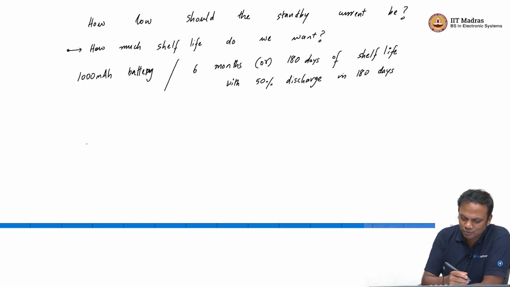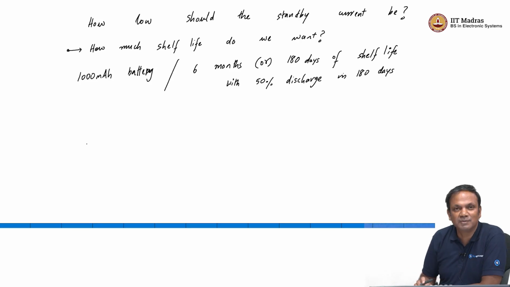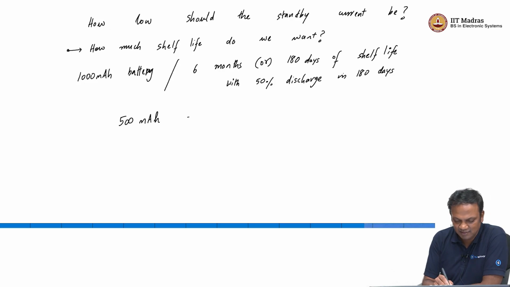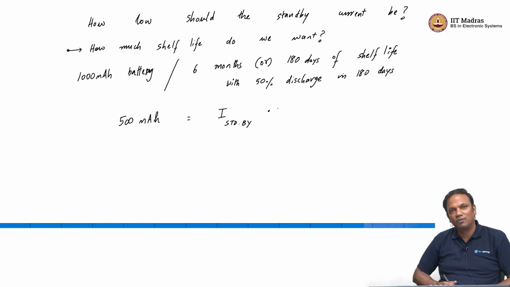So, the calculation you would do is you say, okay, I can tolerate 50% discharge. So, 500 milliamp hour is the amount of discharge I have. This must be equal to my standby current multiplied by the number of hours in 180 days, right.